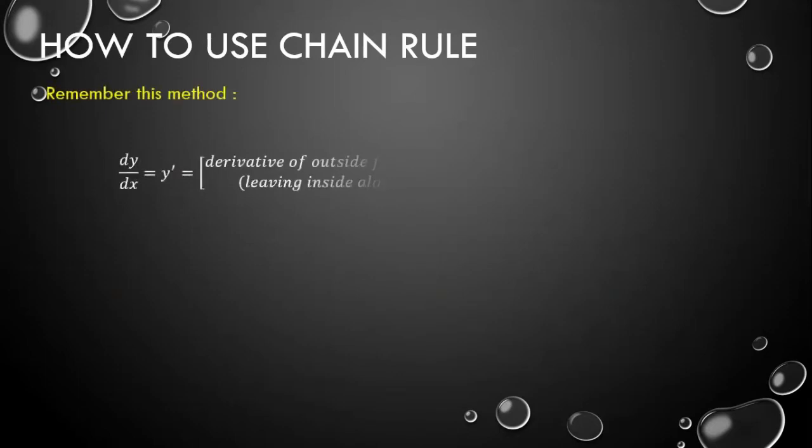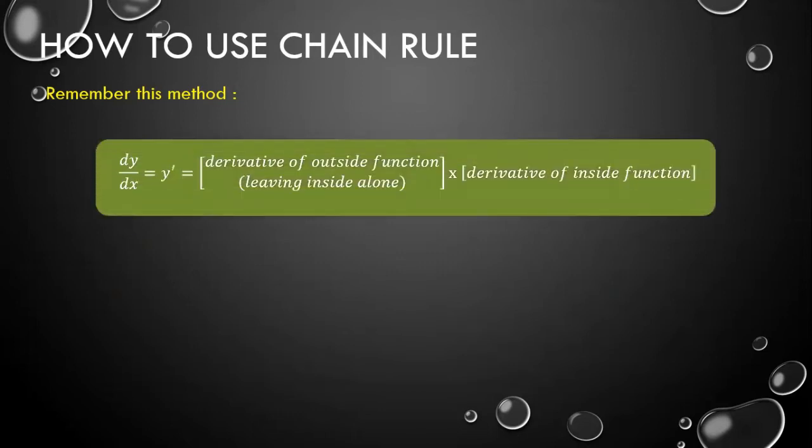Remember this method: dy over dx or y prime equals the derivative of the outside function, leaving the inside alone, times the derivative of the inside function.